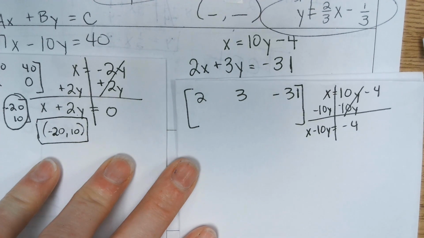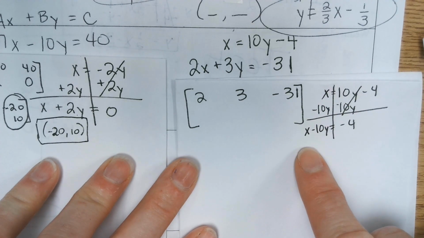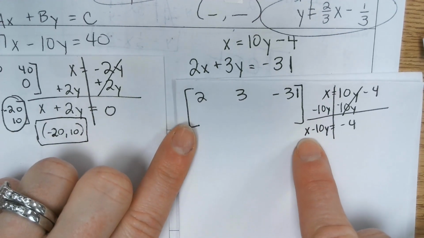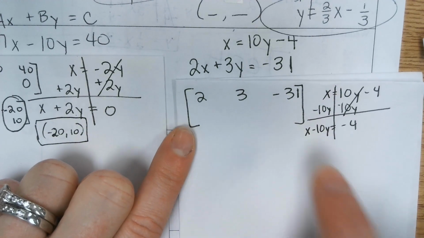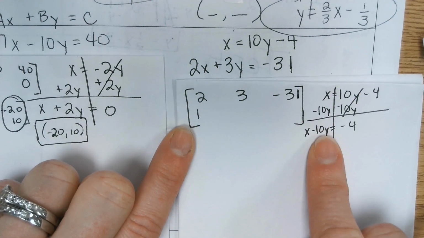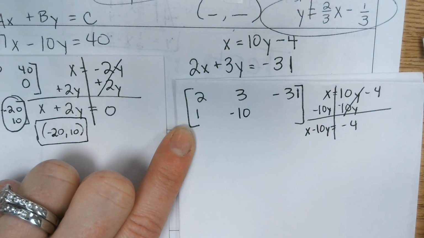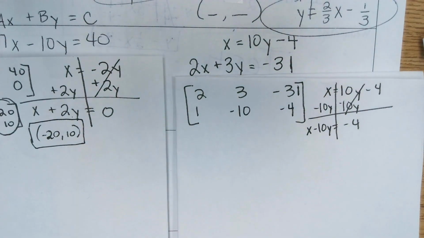So we're not doing any math. All we're doing is rearranging. And just remember, across the line, change the sign. So now this is in the right order: x, y equals a number. So the coefficient of x is 1. Coefficient of y is negative 10. And then it equals negative 4. So go ahead and do that one.